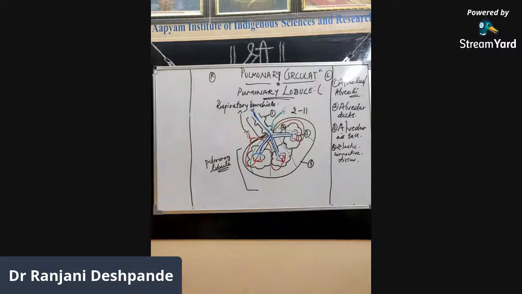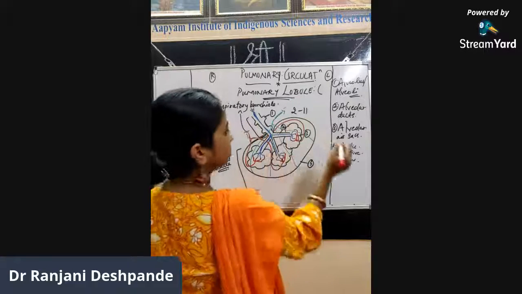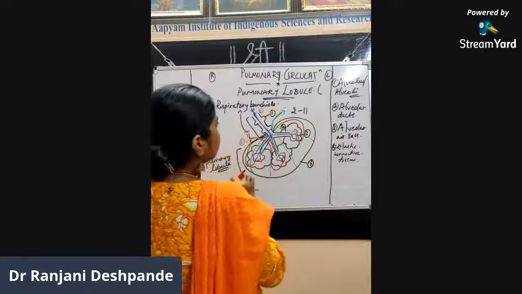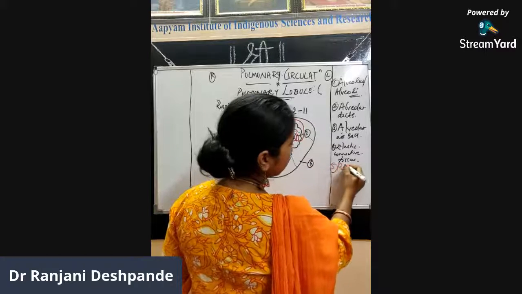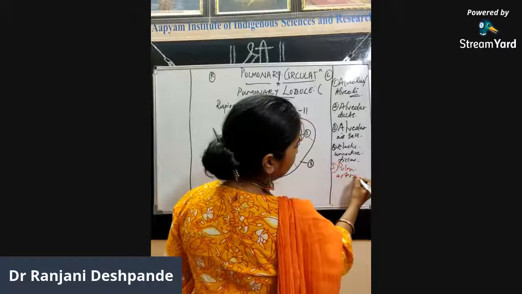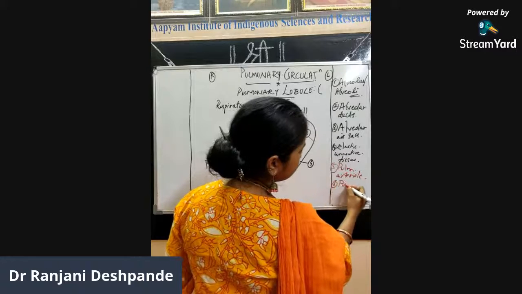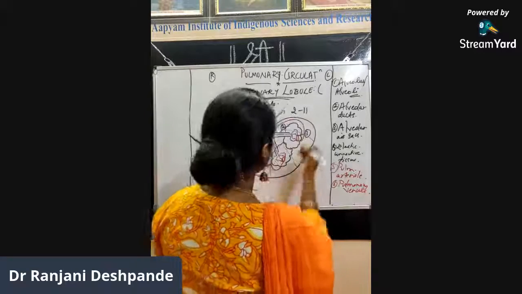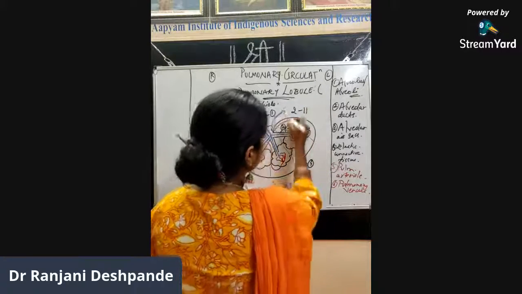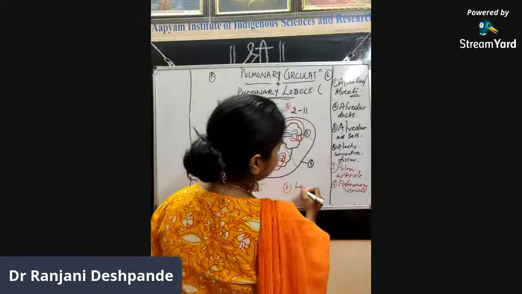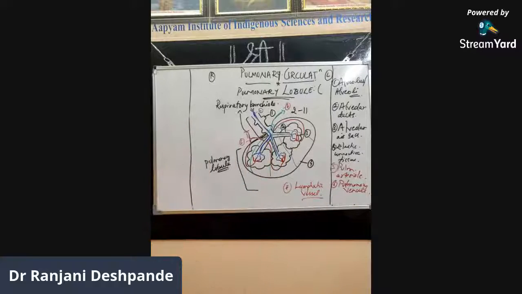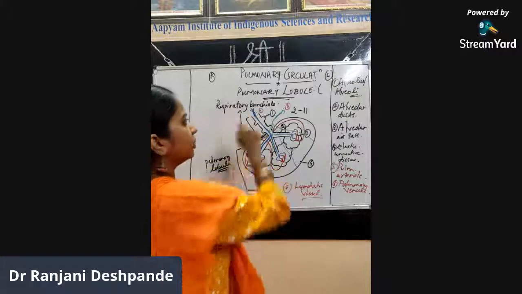So this is 5, this is 6. 5 is the pulmonary arteriole, 6 is the pulmonary venule, and this is 7, the lymphatic vessel. So this is with respect to the pulmonary lobule.